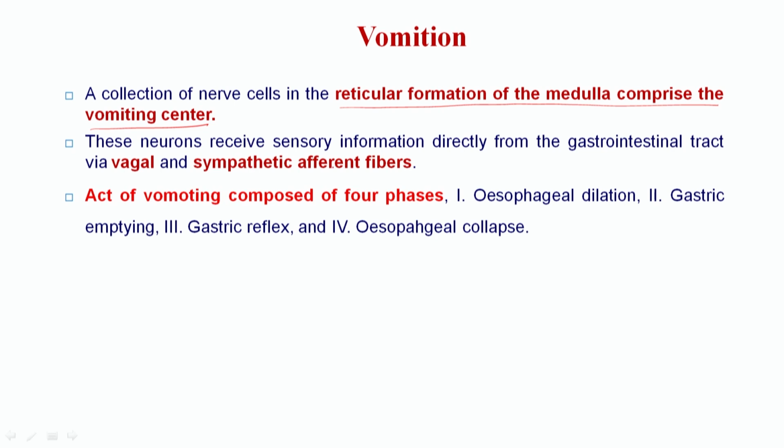These neurons receive sensory information directly from the gastrointestinal tract via the vagal or sympathetic afferent fibers. The act of vomition is composed of 4 phases: esophageal dilatation, gastric emptying, gastric reflux, and esophageal collapse.